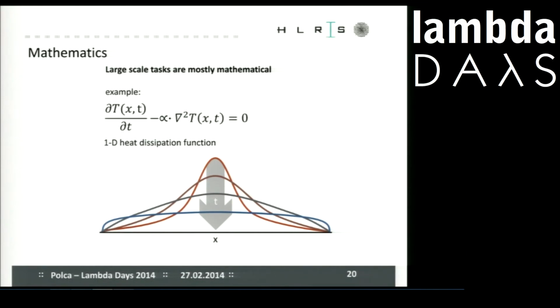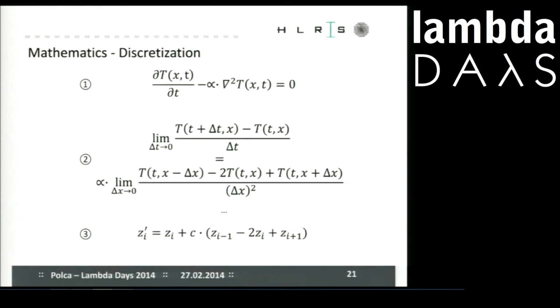For example, this is a one-dimensional heat dissipation function. You can imagine it, because I'm going to explain a bit more. We are going to work with a string that is hot and how the heat spreads around it. For example, if at some point it's very hot in the middle, when you move over time, the heat will start spreading around. So how do you compute this? You make a discretization.